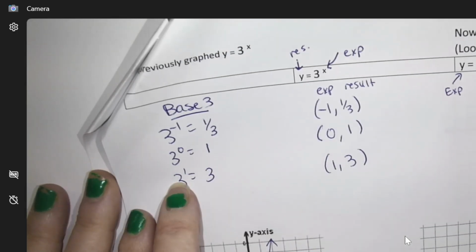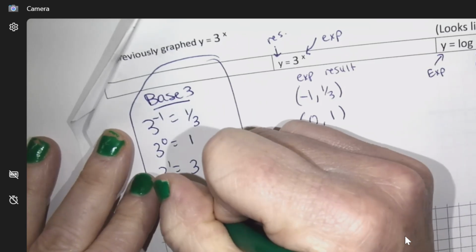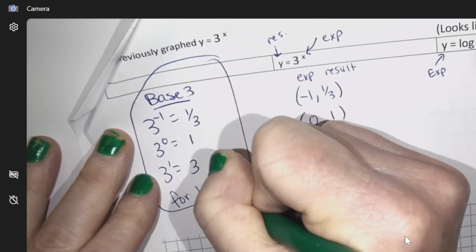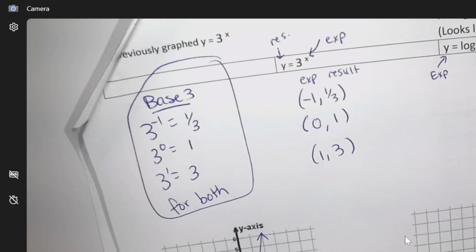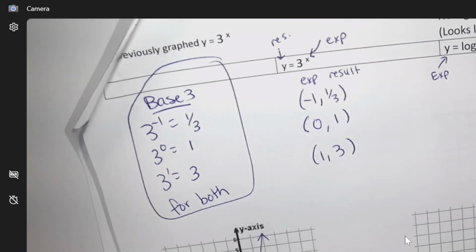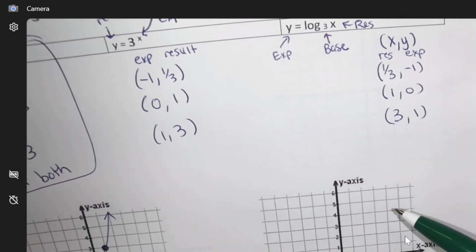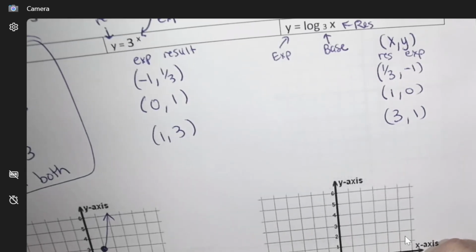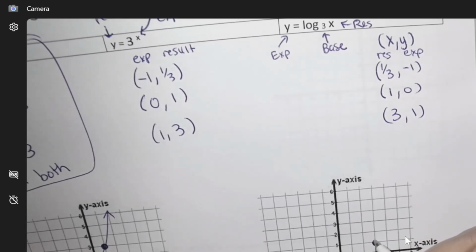I take my base, start this. I do that no matter what, exponential or log. Now it's just, do I want to go exponent, result or result, exponent? Okay, so let's see what this looks like. 1/3, -1, 1, 0, 3, 1.